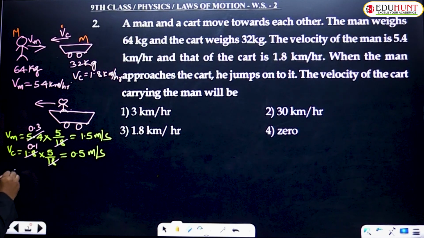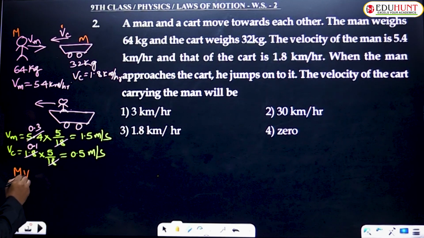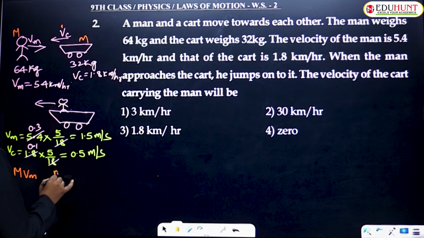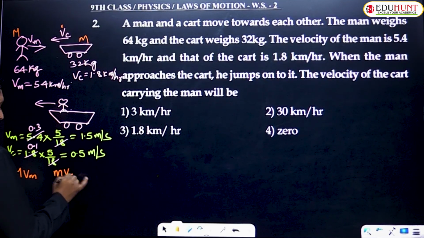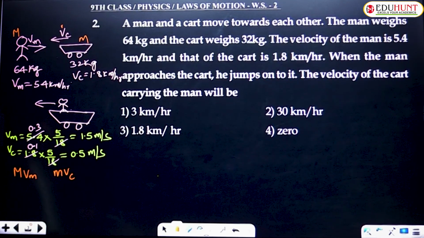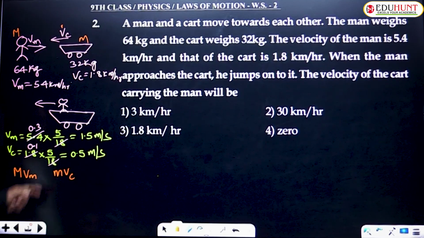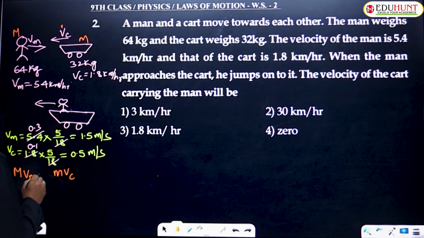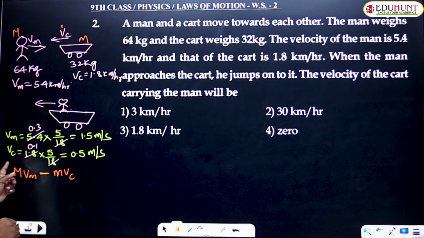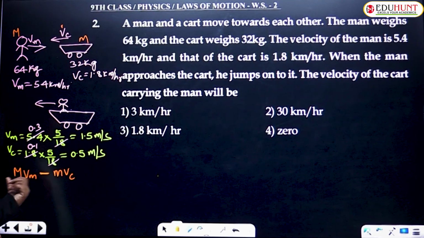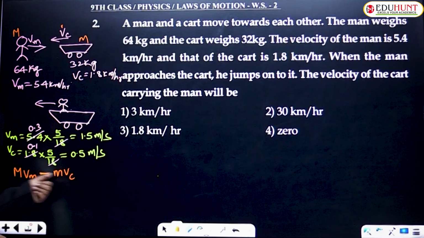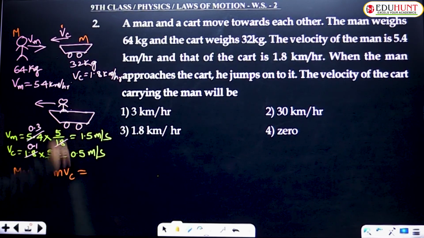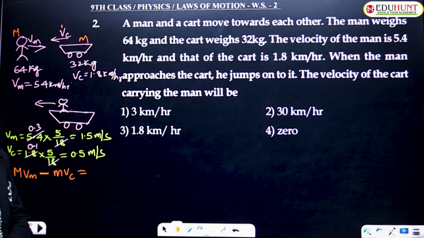Then clearly, mass of the man into speed of the man, and mass of the cart and speed of the cart. As they are both moving in opposite directions, if this is taken as positive, the other must be taken as negative. So this minus, I hope you understood, because both are moving in opposite directions, positive and negative, equals to, now the man has jumped into the cart, so together they are moving.